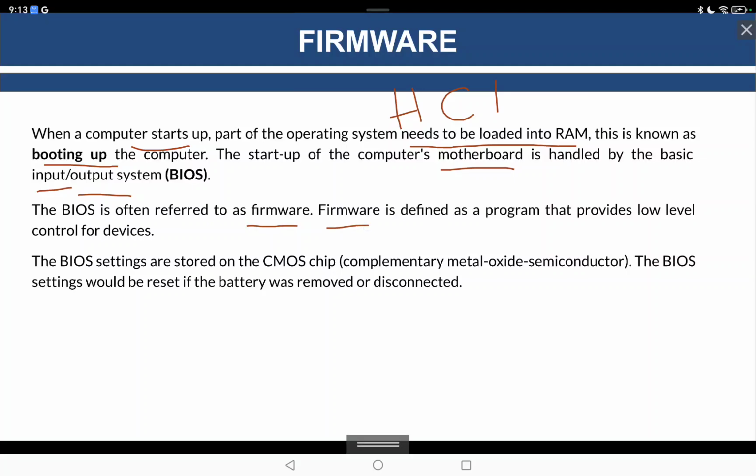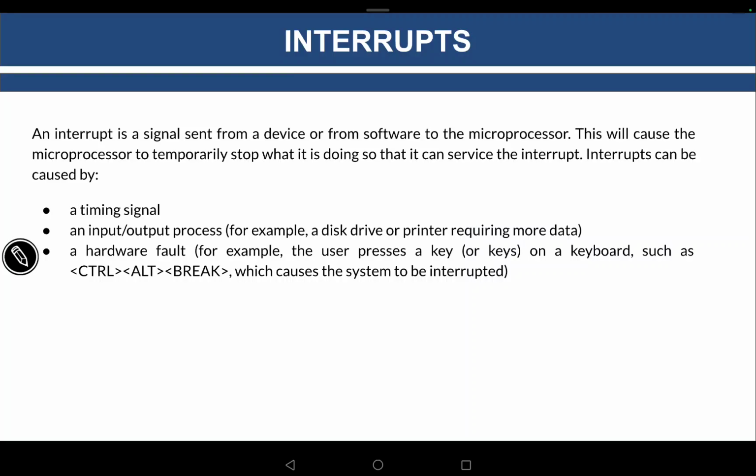So, firmware is defined as a program that provides low-level control for hardware devices. The BIOS settings are stored on the complementary metal oxide semiconductor, and the BIOS settings would be reset if the battery was removed or disconnected.